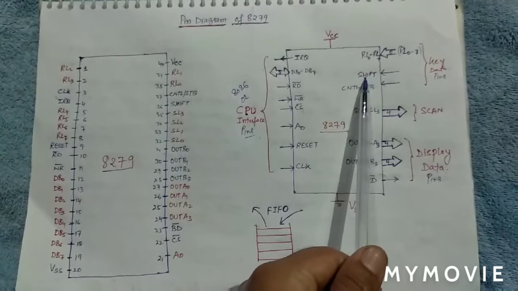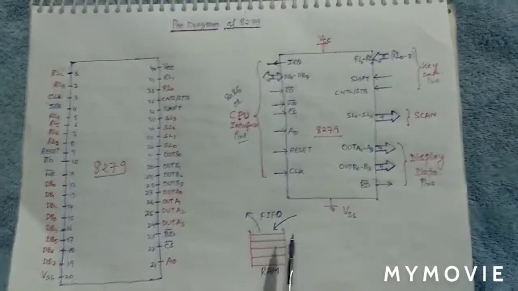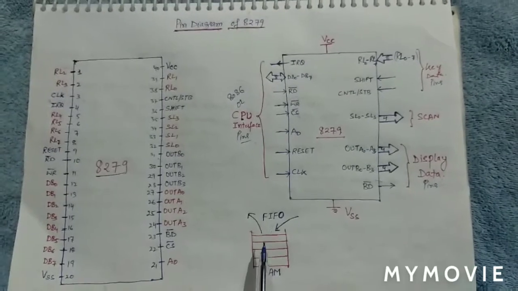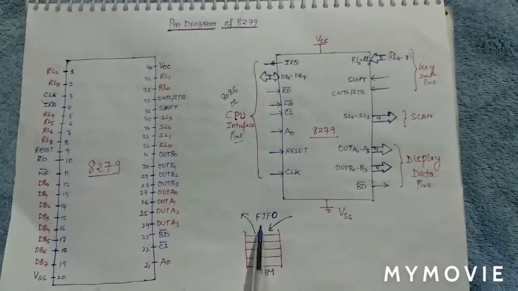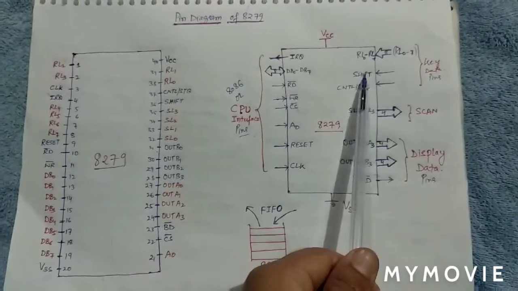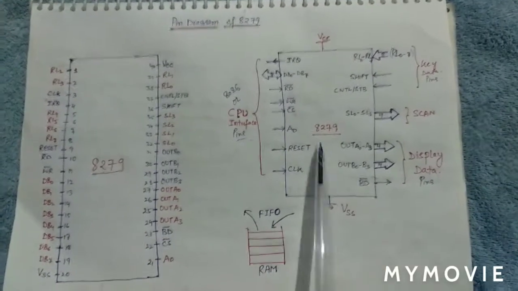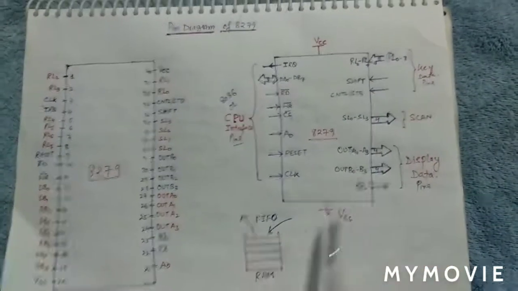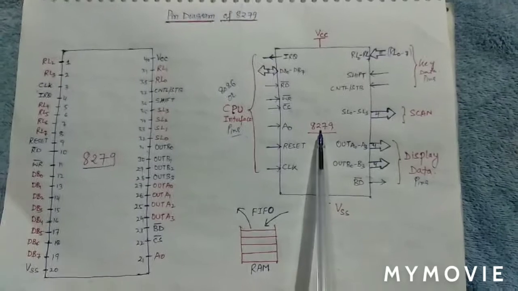This shift pin is used to retrieve data from RAM by using FIFO logic. It connects the 8279 with the keyboard switches when we have to retrieve data from the 8279 interfacing device.